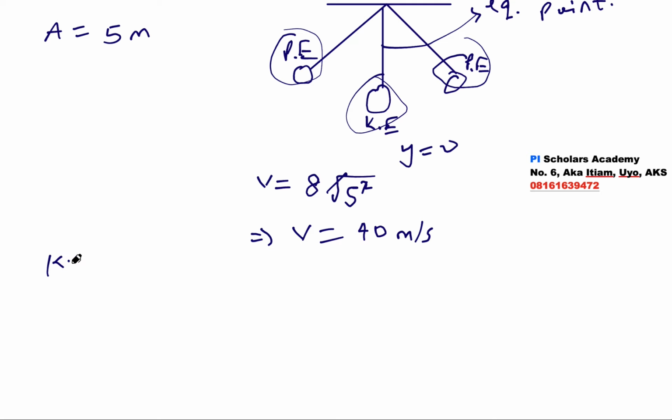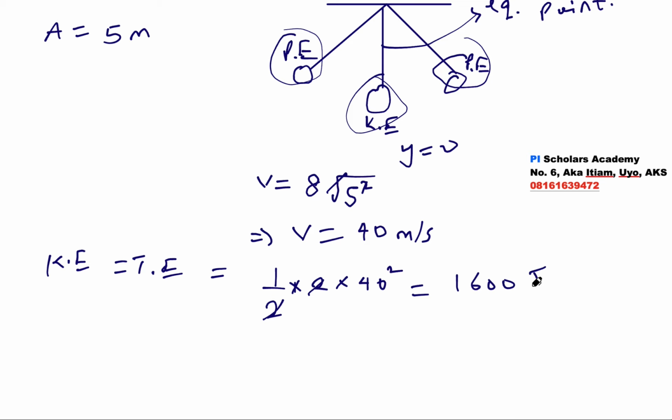So the kinetic energy will be the same as the total energy of the system. That will be 1 over 2 mv squared, which is 1 over 2 multiplied by 2 multiplied by 40 squared. And if you do that very well, that will be 1,600 joules. And that solves the problem.